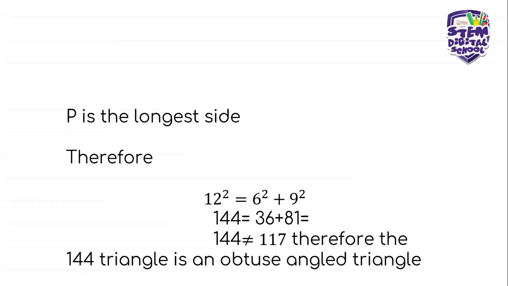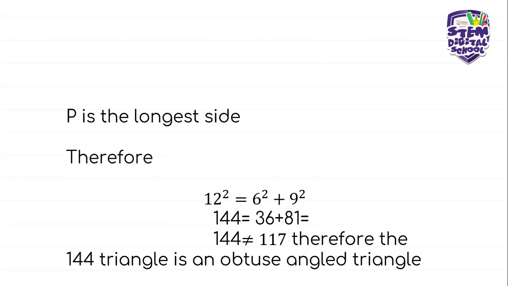Now let's finalize this equation. We all know by now that 12 squared is equal to 12 times 12, which is 144. So the left-hand side is equal to 144. That is what the left-hand side is.